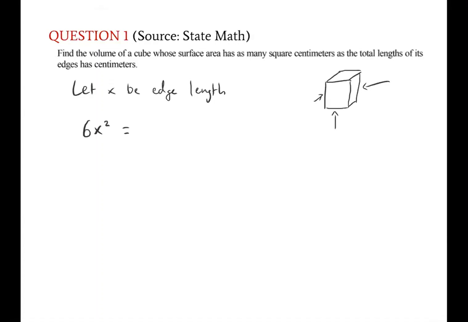There are 12 edges in the cube, so we write 12 times x, and we can solve this equation and get that x is equal to 2. Since the problem is asking for the volume of the cube, we just do x cubed to get our volume of 8.